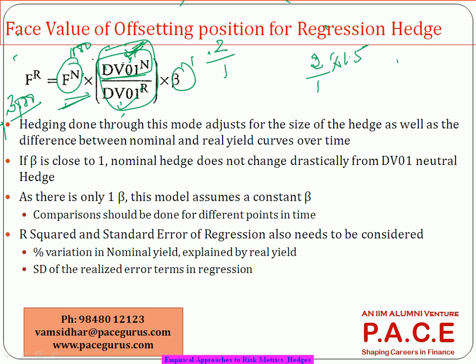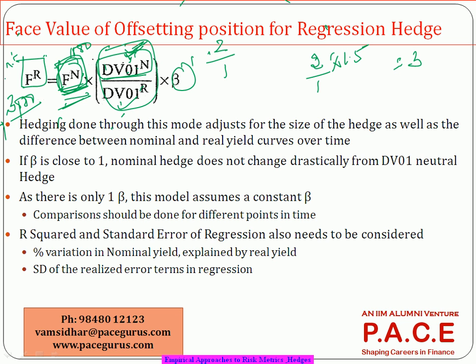So on that, what we are saying is, if at all I have to use a real security to hedge a nominal based security, like a treasury bond is a nominal based bond, whereas TIPS is a real based bond.